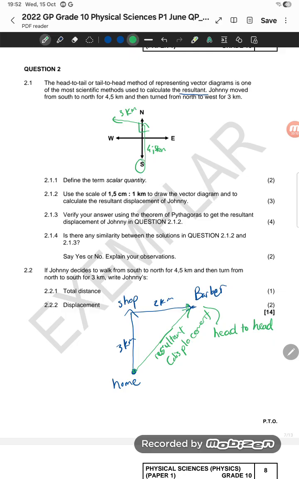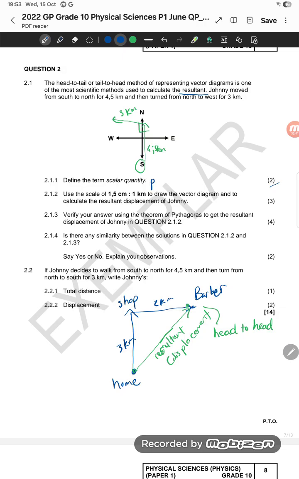Okay, define the term scalar quantity. A scalar has, and you're going to write there, magnitude only. Because for 2 marks, you don't want to just say magnitude. You're going to write a full sentence and say, a scalar is a physical quantity. Let's say physical quantity, because I don't think love or tiredness or anger is a physical quantity.